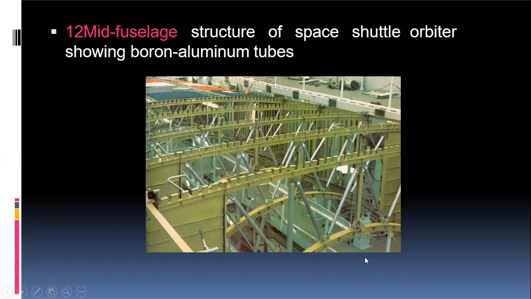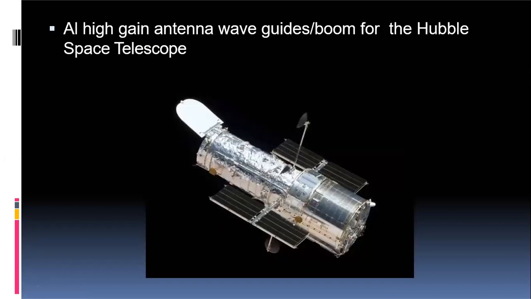That is known as the mid fuselage structure of the space shuttle orbiter showing boron aluminum tubes. So they are used in the space shuttle orbiters, where they are also using the metal matrix composites.